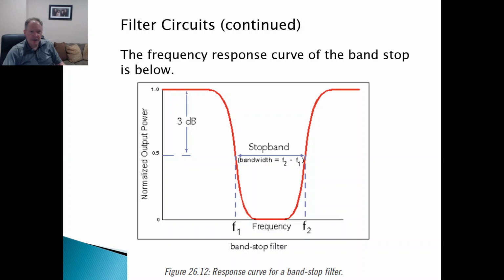At the frequencies between the low pass and the high pass, everything is blocked. So it will allow frequencies up until F1, then block it all, and then anything after F2 it'll again allow.